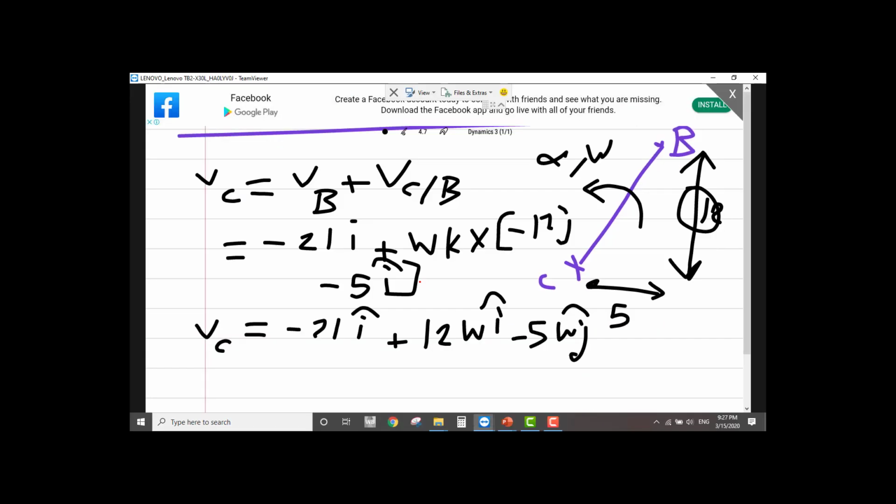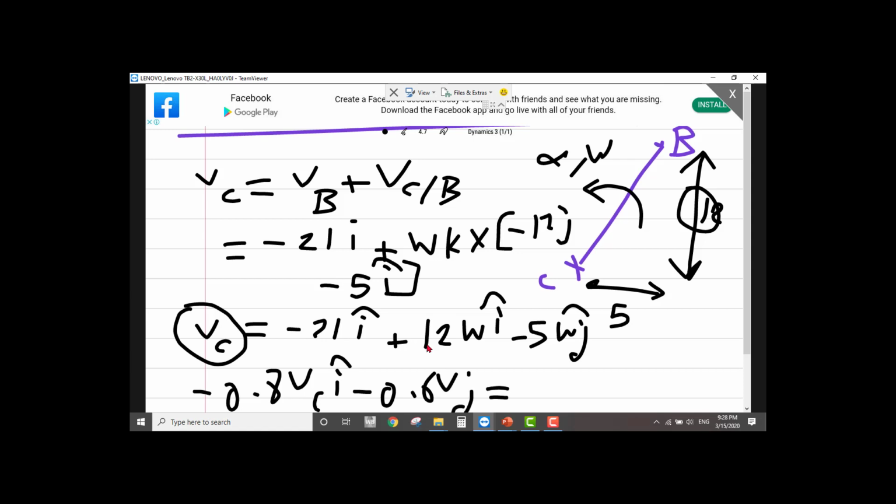So what's the benefit? The benefit will appear here. Instead of VC, I will write minus 0.8 VC in the i direction, minus 0.6 VC in the j direction. And I will continue the rest of the equation as is.